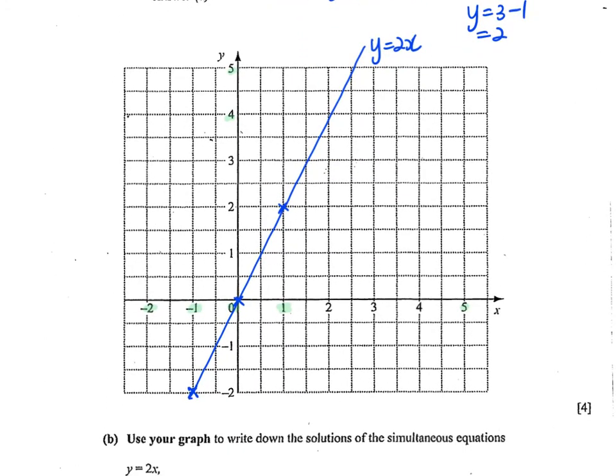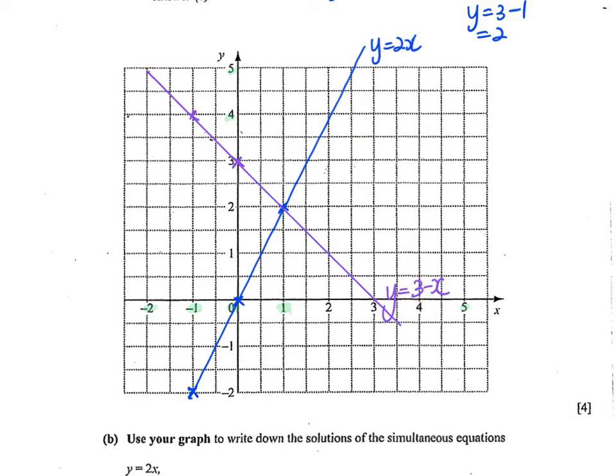Negative 1, 4. Okay, maybe I'll change the color so that you can see the difference. Negative 1, 4. 0, 3. 1, 2. So now we're going to draw a line and extend the line as much as possible. So this will be y equals 3 minus x.